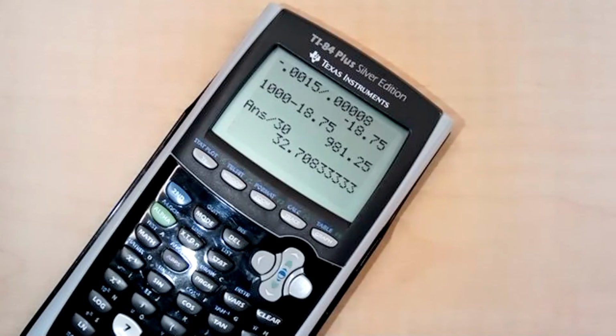X is 18.75. That's back in here somewhere. Y is 32.71. I'm not seeing the one I'm expecting, but let's expand.